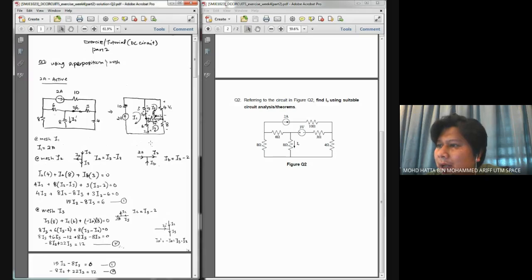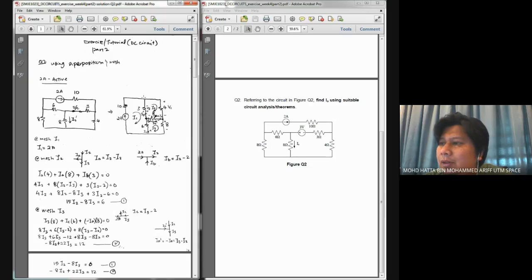I consider the node at the middle bottom, where I3 is coming in and IC as well as 2 ampere are going out from that node. So from there, IC equals I3 minus 2.